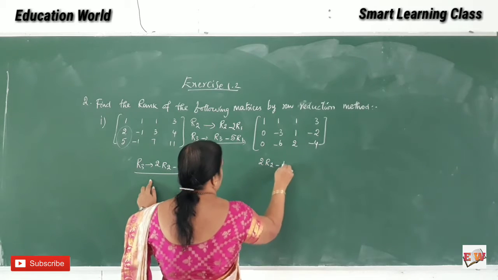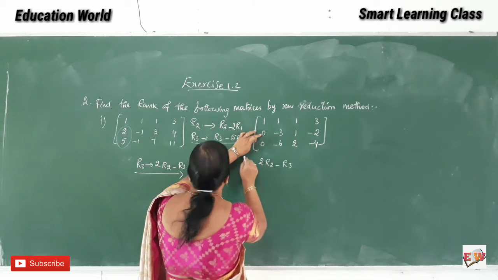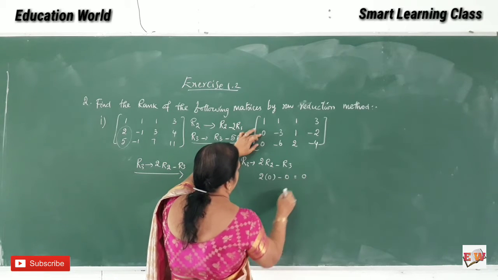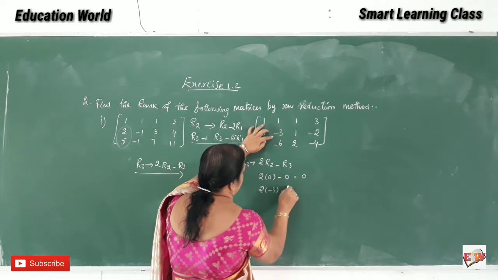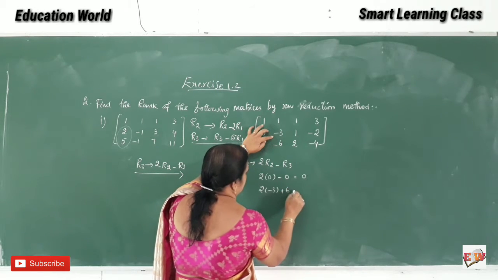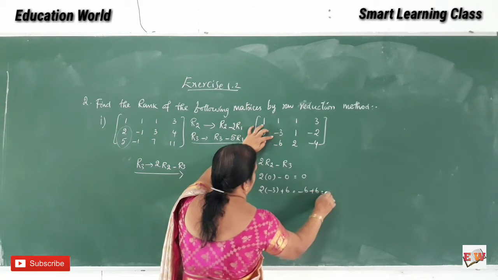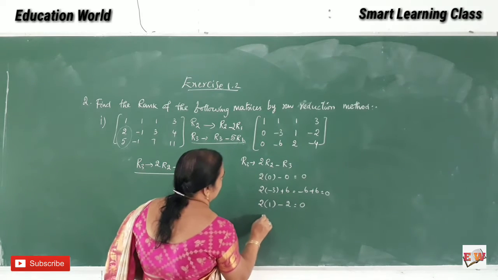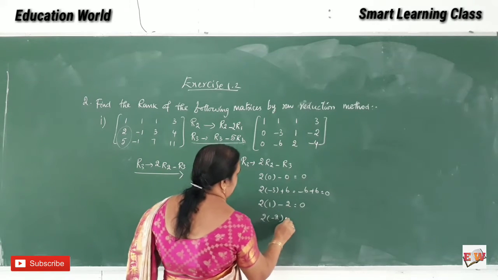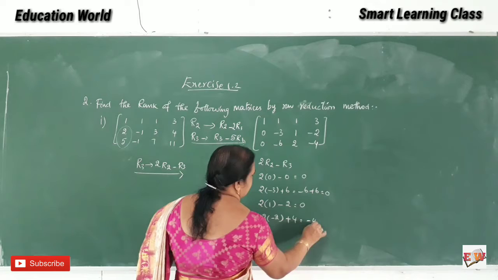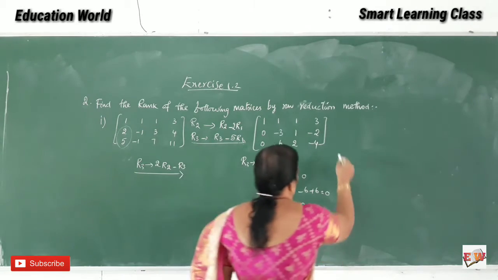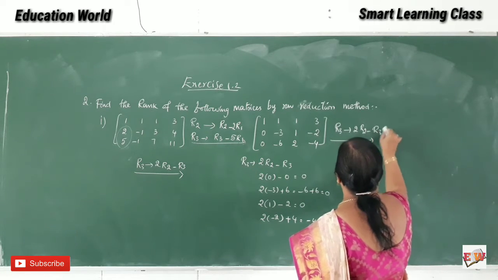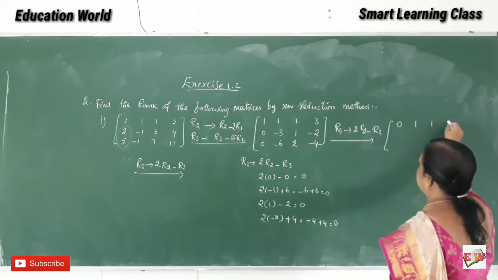R3 gives 2R2 minus R3. 2 into 0 minus 0 is 0. 2 into minus 3 is minus 6, plus 6, minus 6 plus 6 is equal to 0. 2 into 1 minus 2 is equal to 0. 2 into minus 2 is minus 4, minus 4 plus 4 equals 0.